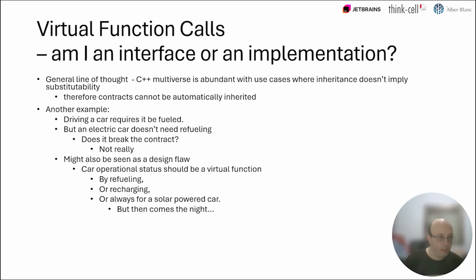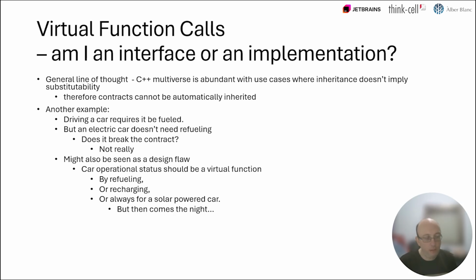And there are plenty of such examples. We could have again, cars, of course. Normally a car needs to be fueled. So if it's not fueled and you try to drive it, you are out of contract. You are violating the contract. But that's not so with an electric car. It doesn't need refueling, and that shouldn't be violating any contract. But then again, perhaps you're designing this all wrong.